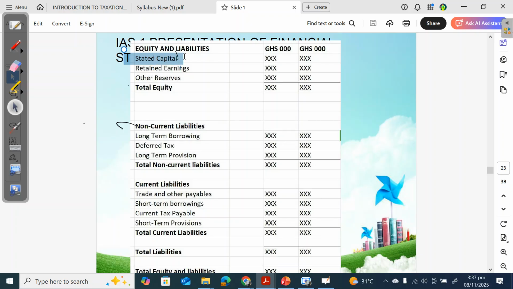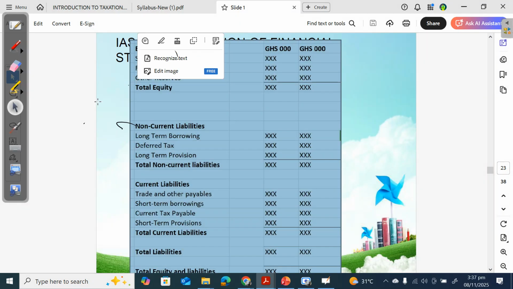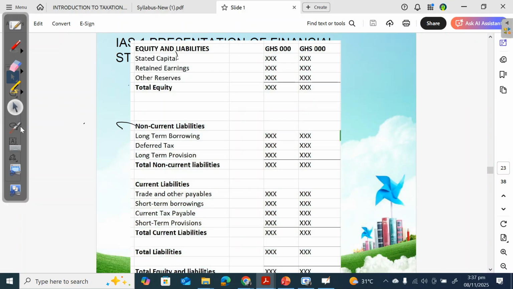Stated capital. Is there a standard for stated capital? No, there's no standard. There's no standard for retained earnings. Other reserves. Long term borrowing: borrowing is okay, it falls under IFRS 9, financial instruments.